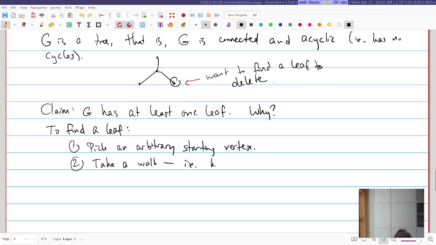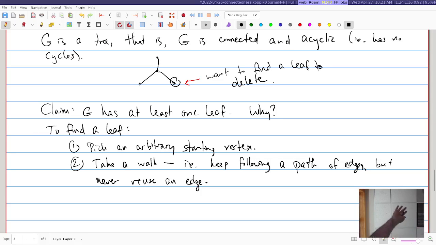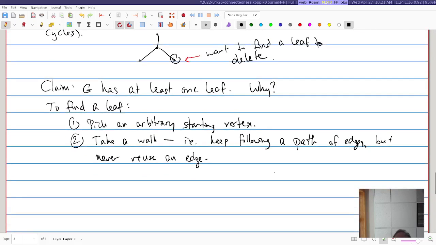So, keep following a path of edges, but never reuse an edge. So if we somehow come to an edge that we've already gone on before, don't go on it again. So I claim you will eventually get stuck at a leaf.